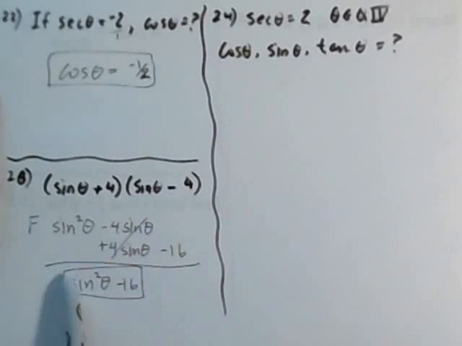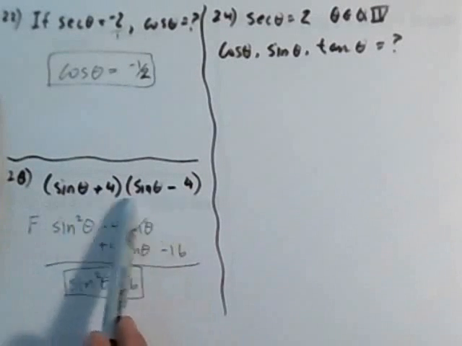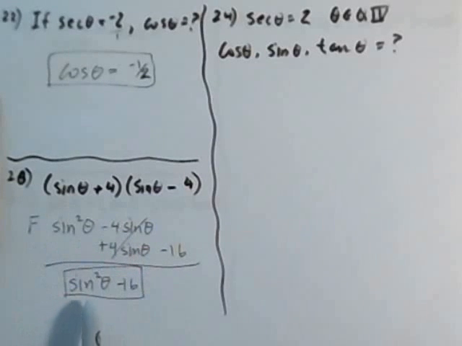We know that this expression right here, when you distribute this out, it becomes sine squared of theta minus 16. And we know that this expression is called the difference of squares. Some teachers call it difference of two squares. But this is a very special expression. These are very special factors. Going to be going over these like crazy next year again.